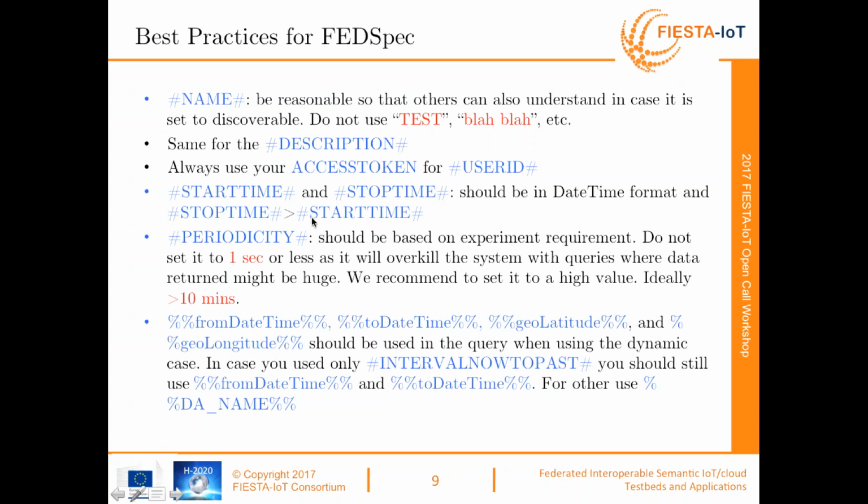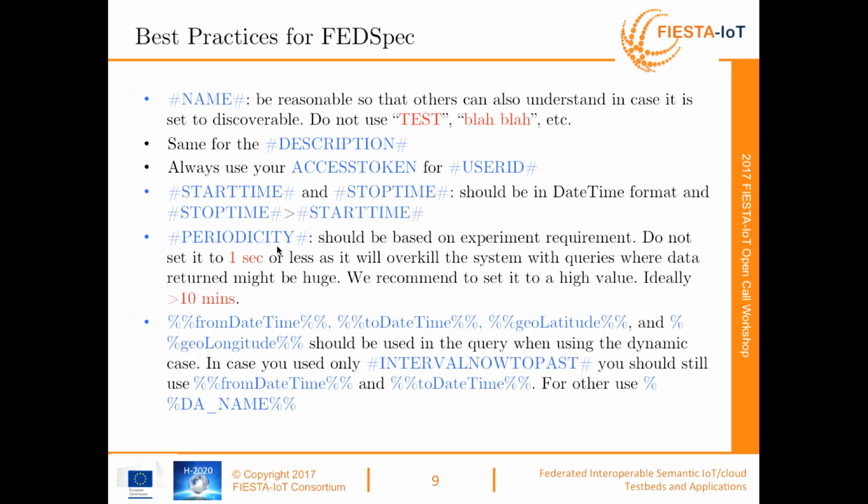For periodicity, this is another important aspect that we recommend. In order not to overload the FIESTA infrastructure, we recommend you not to execute your query or set this periodicity to 1 second or below. Okay, because what will happen is, if you say so, the execution engine will query the IoT registry at that rate, which will just overkill the system.